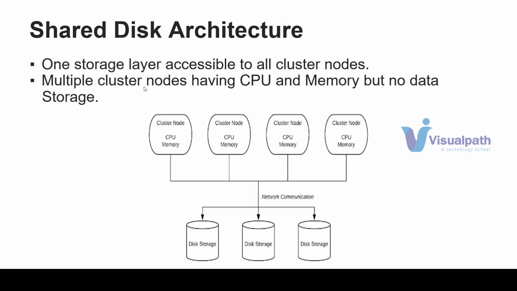Multiple cluster nodes have CPU and memory but no data storage. Storage and computation will be different, but whenever the data is shared with all the clusters or compute nodes, then we call it a shared disk architecture. So what is the advantage here?